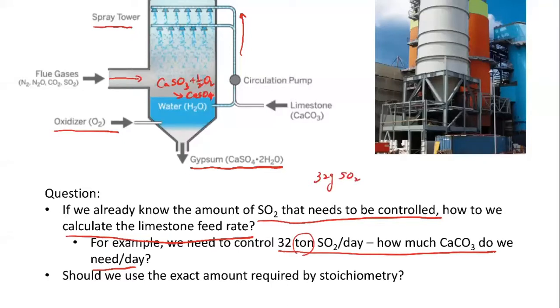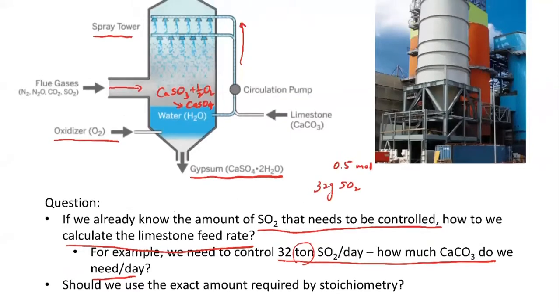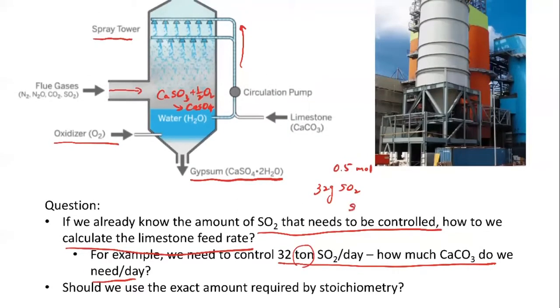sulfur dioxide. So 32 grams of sulfur dioxide means it's 0.5 moles of sulfur dioxide, right? And we know that sulfur dioxide reacts with calcium carbonate at a 1-to-1 ratio. So we form calcium sulfite and carbon dioxide, right? So they're at a stoichiometric ratio of 1-to-1.